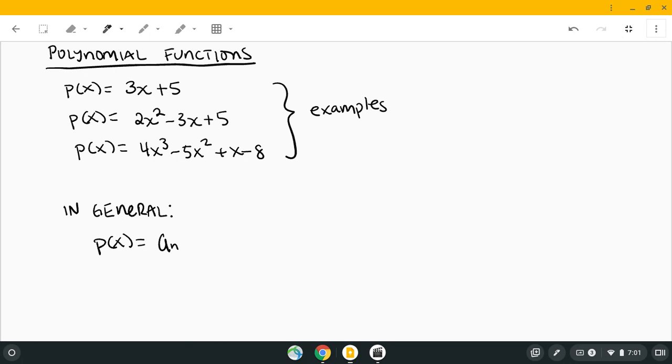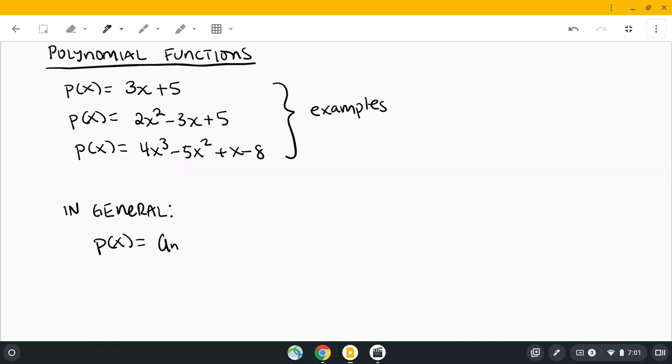Instead of using A, B, C, D, because we would eventually run out of alphabet, we use A1, A2, A3, A4, A5. That way we never run out of letters. That just represents a constant.